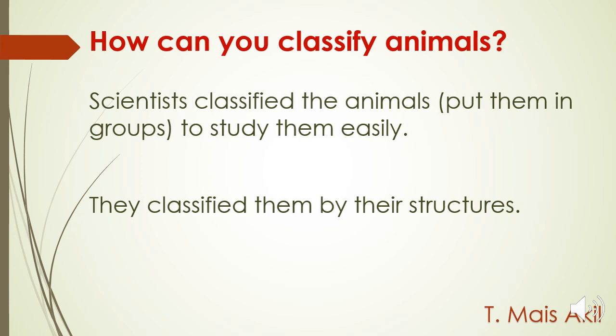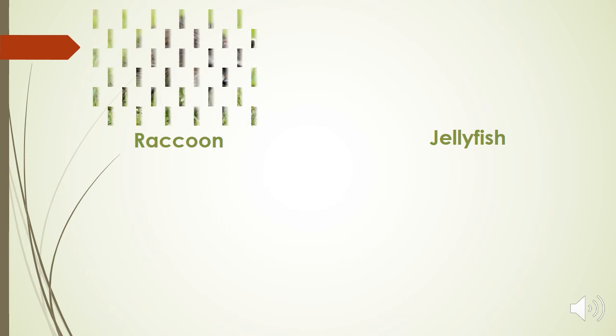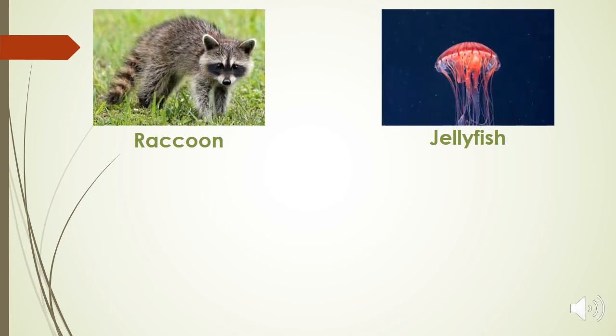Let's see a difference between a raccoon and a jellyfish. As you see, they look different, they have different parts, but even if they are different, they share some characteristics. Both of them could move and reproduce, and they need the same basic needs.